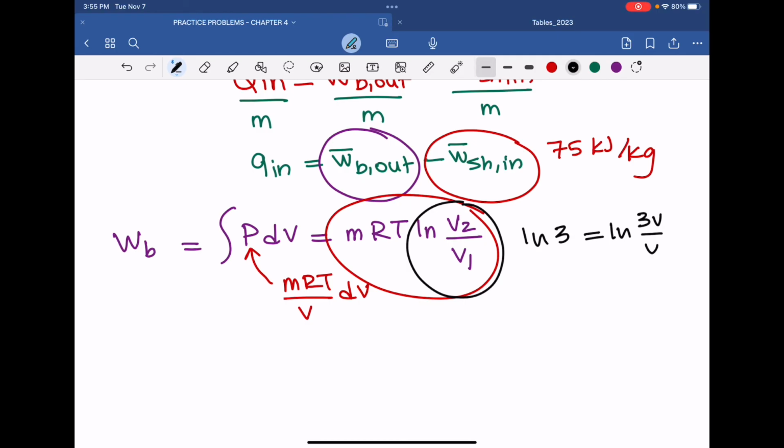And for MRT, since I am normalizing these equations with mass, the only thing I need to know is the RT term. Because I'm dividing all of these by mass, I don't need to know the mass to begin with, so I don't have to deal with that part.